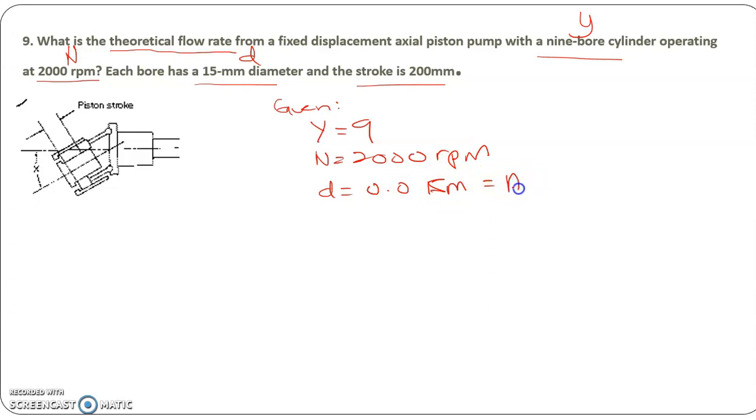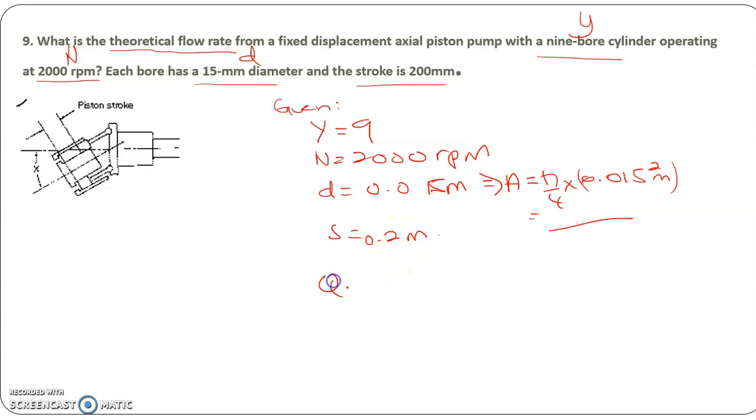So we can get A equals pi over 4 times 0.015 squared. So we get the answer for A, and the stroke S equals 0.2 meter.